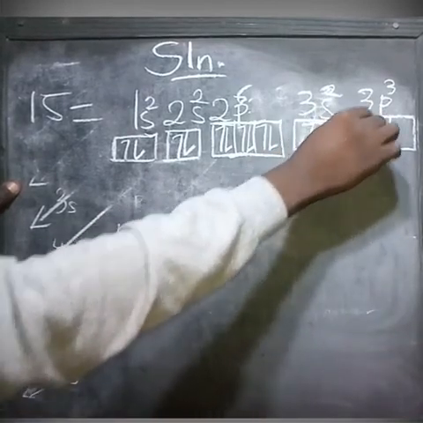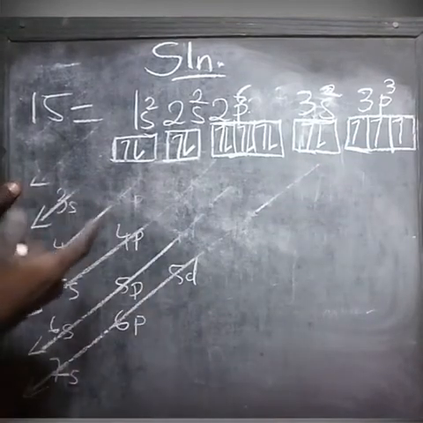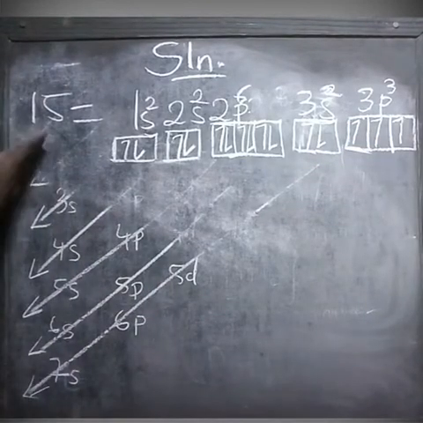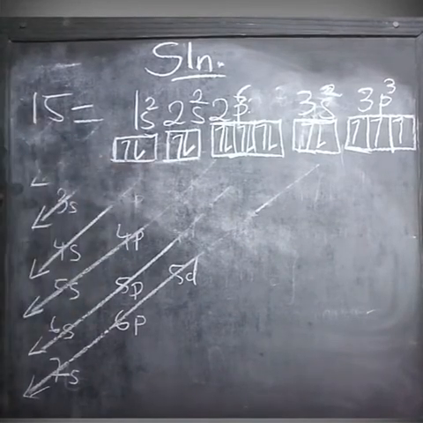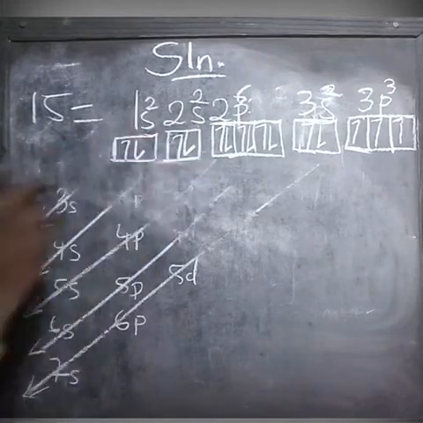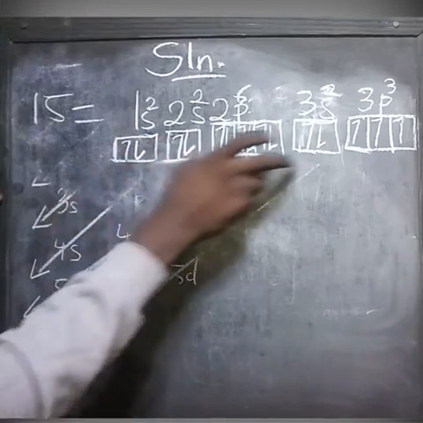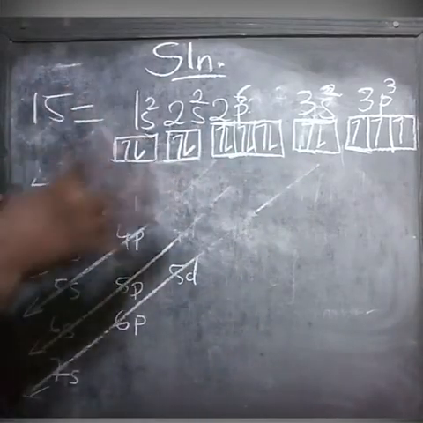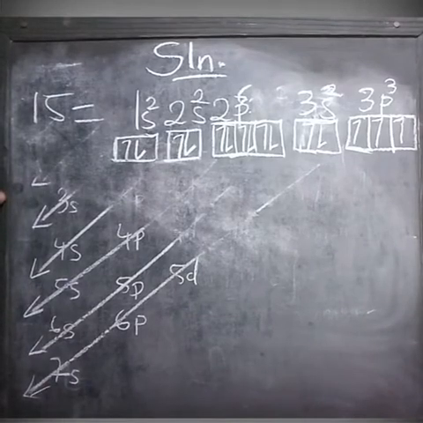So this is the electronic configuration of this element with atomic number 15 and its distribution, as they said, in the energy sublevels. The upper ones are the electronic configuration, while here is showing the distributions of the electrons.